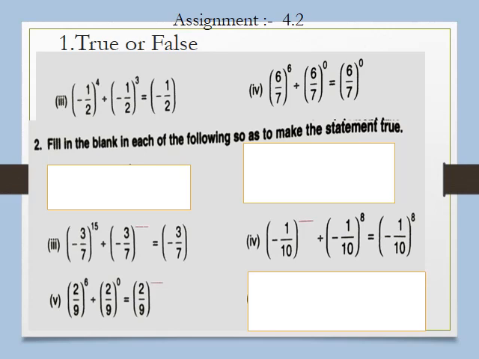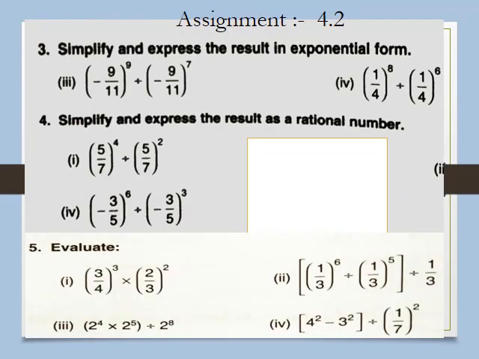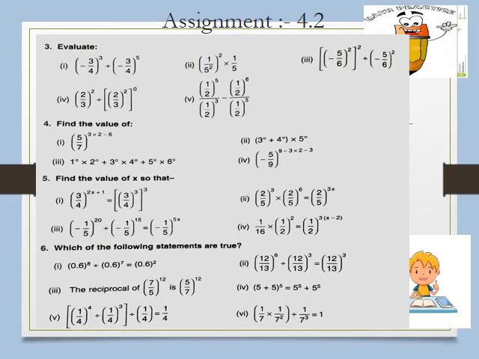So all these problems are based on the second A and second B laws of exponent. Then see here again some questions which are based on the second A and second B laws of division. And now you can see these laws are based on the third law, when the power is 0, and power of power, that is the third law and fourth law.